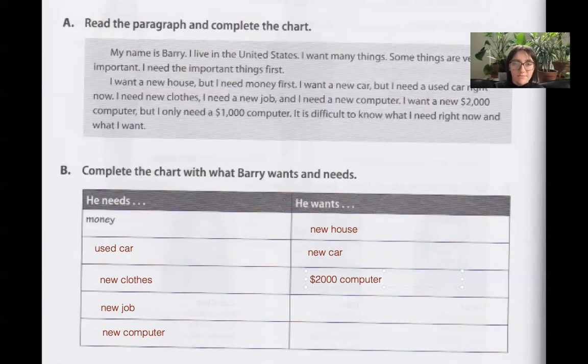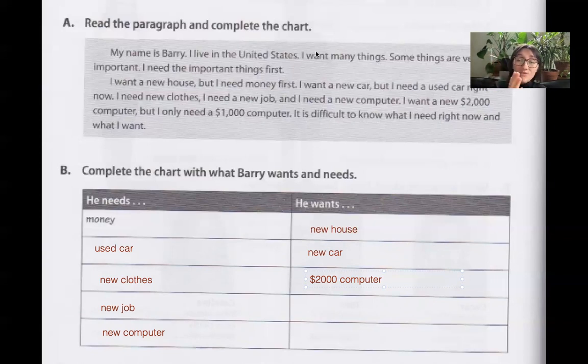So we finish that up. All of the information: he needs money, he needs a used car, he needs new clothes, he needs a new job, he needs a new computer, he wants a new house, he wants a new car, he wants a $2,000 computer.